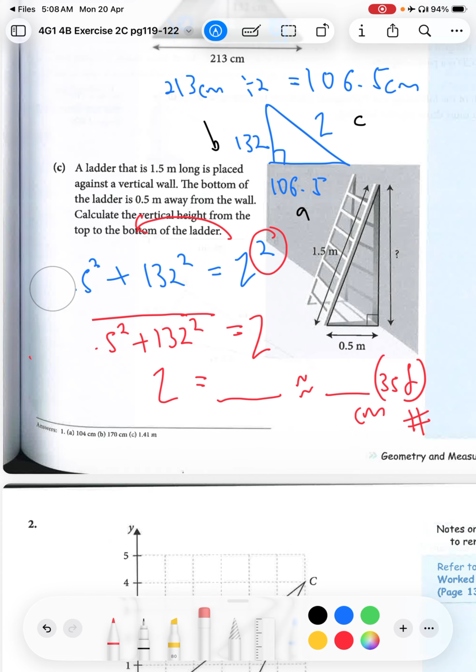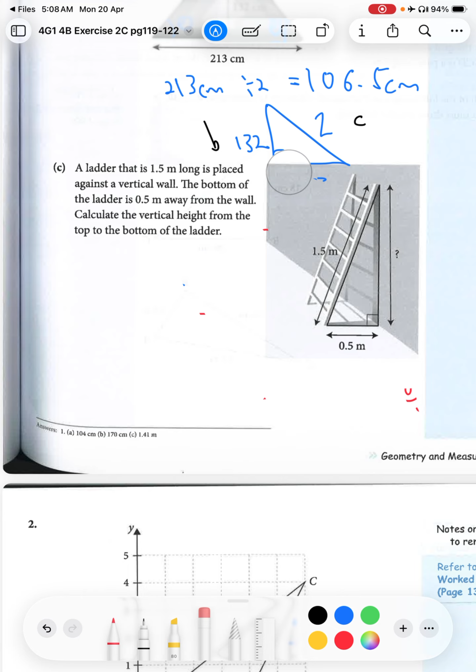Okay, let's try question C. Question C is the same question as earlier, a similar question, but they're asking for a different part.